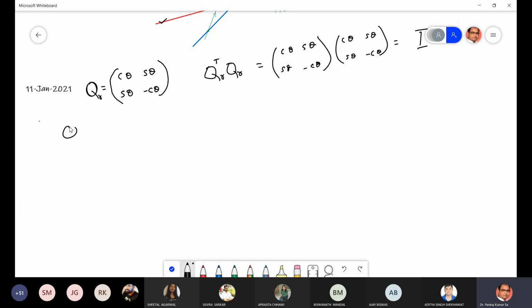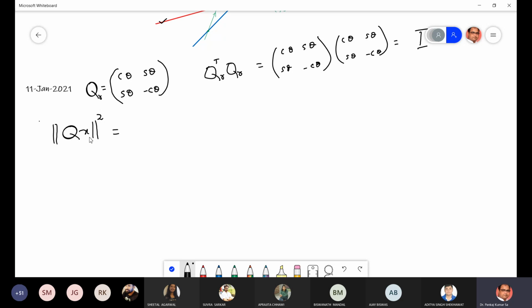So, what is QX? Q is one of the orthogonal matrices and X is the vector.